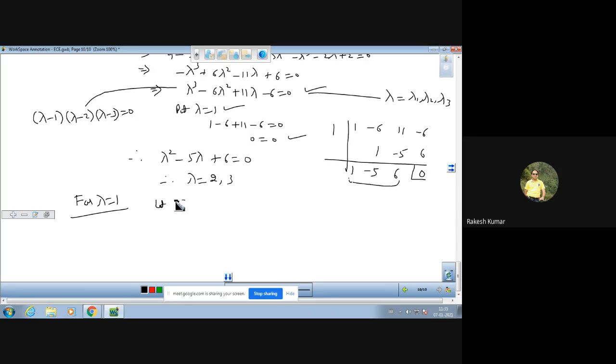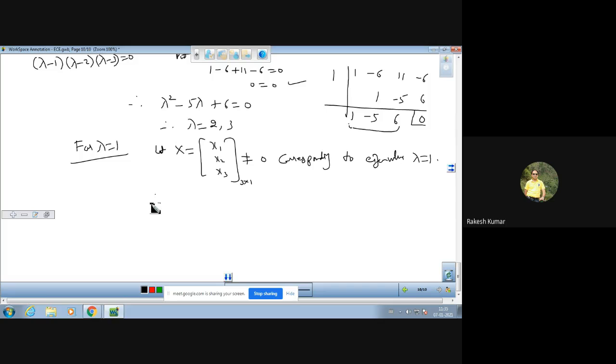So let the first eigenvector be x1, x2, x3. ये 3 by 1 का होगा, क्योंकि 3 by 3 का मैट्रिक्स था। ये नॉन जीरो eigenvector आपने लिया, and this is the eigenvector corresponding to eigenvalue lambda is equal to 1.